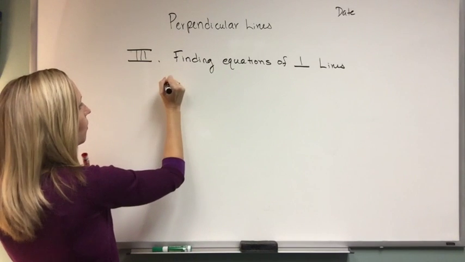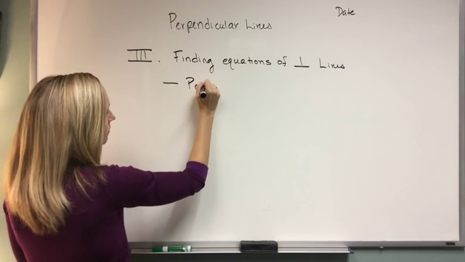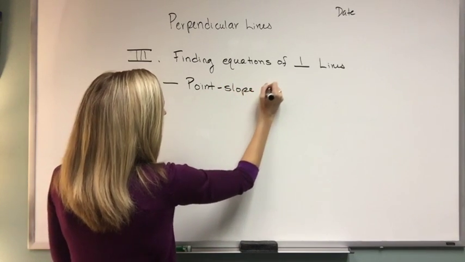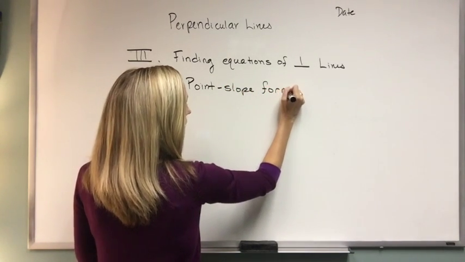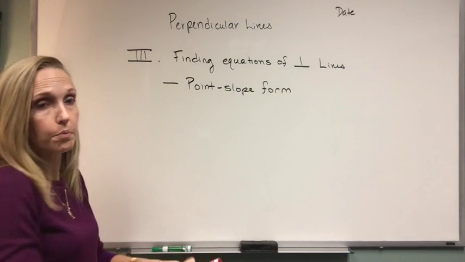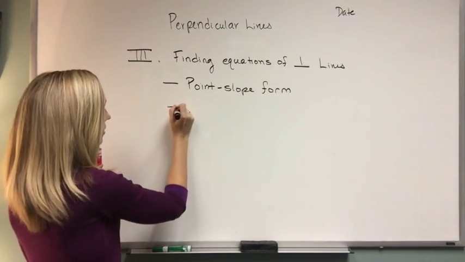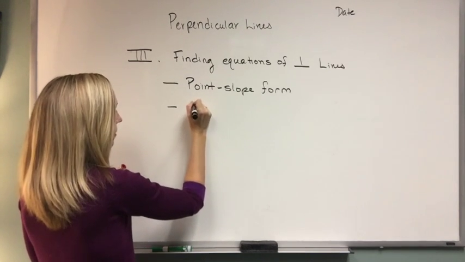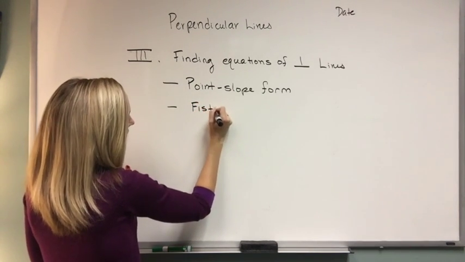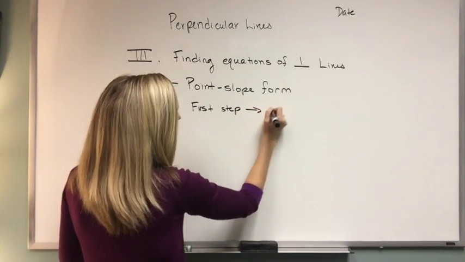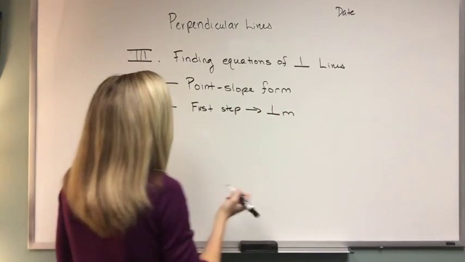We want to put it in point slope form, because chances are you're going to be given the slope and the point, or you're going to be given 2 points, and you can find the slope. And then we always want to try to remember the first step is to determine what that perpendicular slope is.